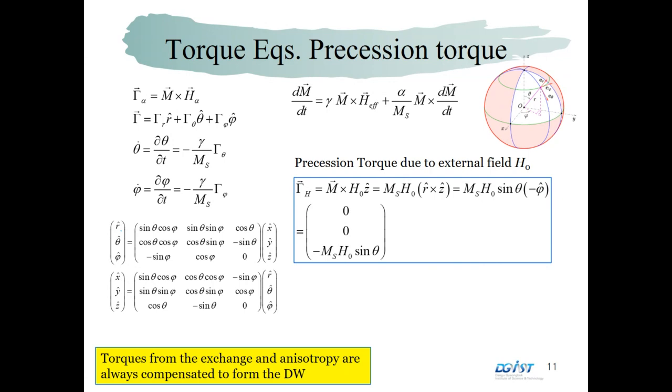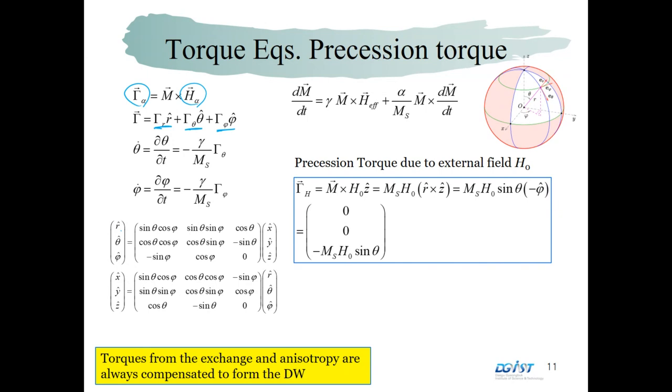So in this relation, if we have any kind of field, we can determine the torque. And this torque vector is represented by the r component, theta component and the phi component.